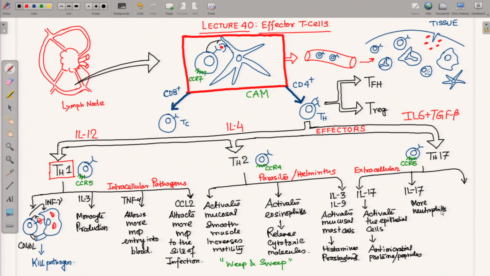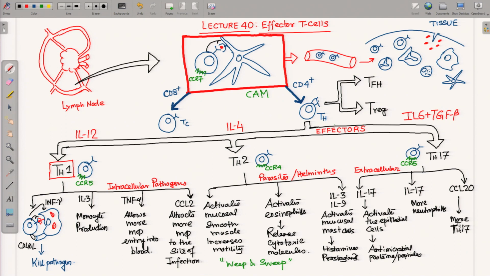So IL-17 is one of those cytokines that can bring more neutrophils to the site of action, and they also secrete CCL20, which is a chemokine, and CCL20 attracts more T helper 17 cells to the site of action.